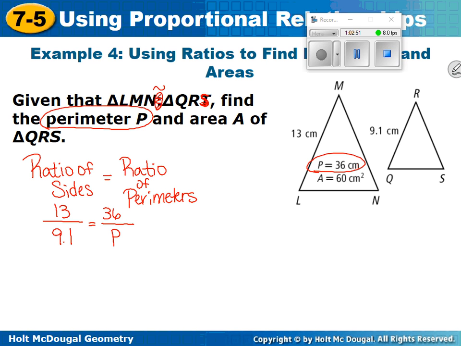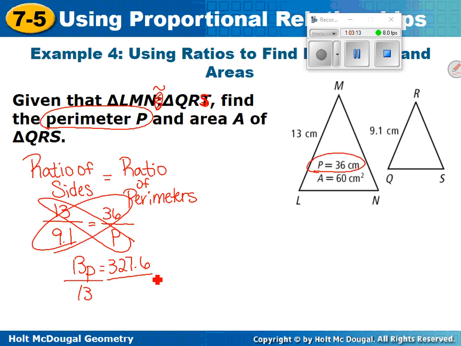Does this make sense? So side to side should be the same as perimeter to perimeter. Those are always going to be equal if the two shapes are similar. So we cross multiply, and we get 13P equals, I'm sorry, say it again. 327.6.